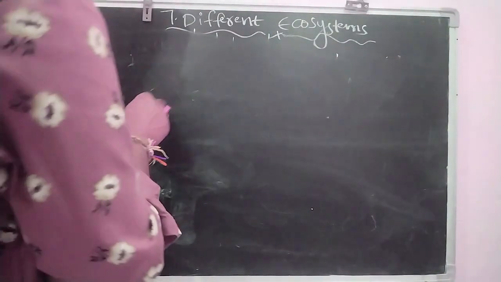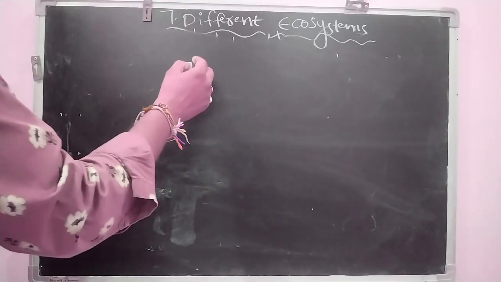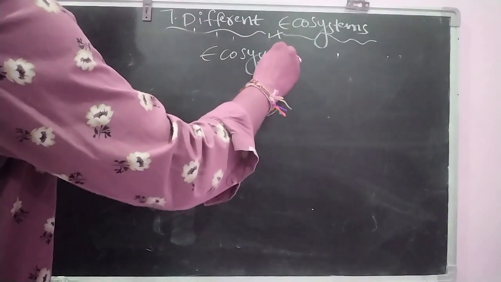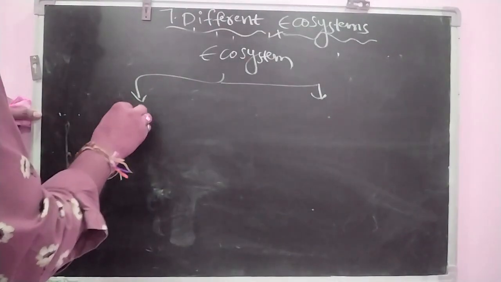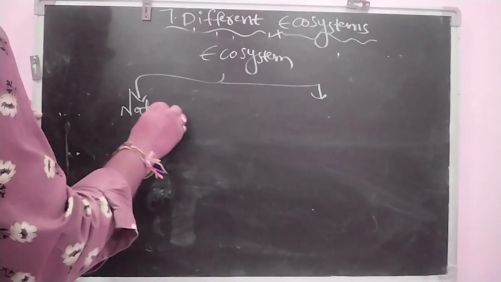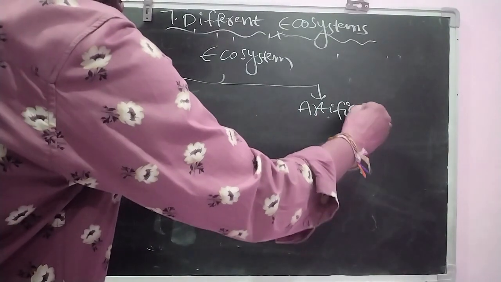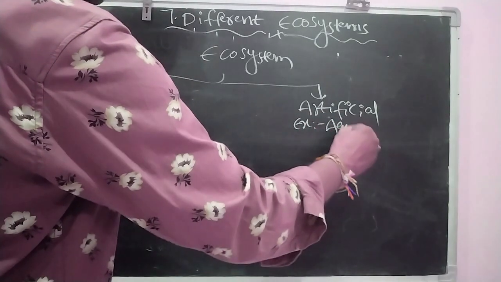And depending upon the different regions, ecosystems are classified like this: natural ecosystem and artificial ecosystem, where we get involved and create the artificial ecosystem. Artificial ecosystem, for example, an aquarium.